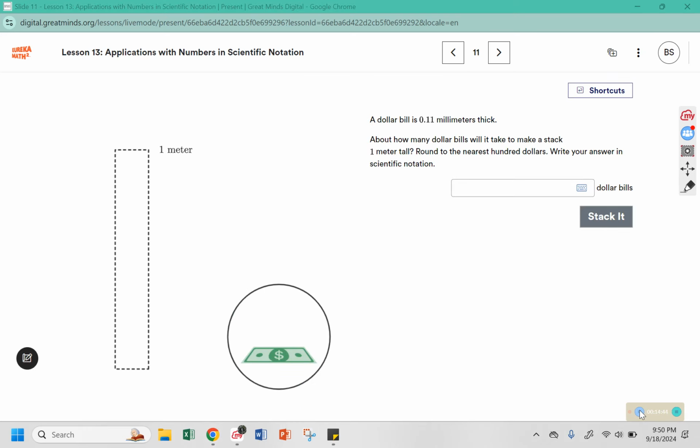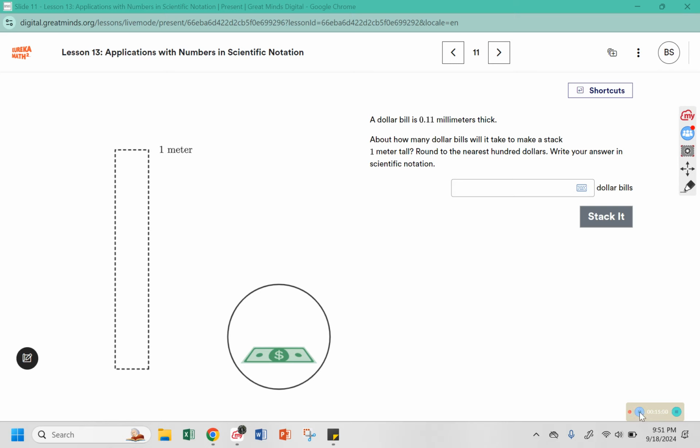In this slide, it tells us a dollar bill is 0.11 millimeters thick. About how many dollars will it take to make a stack 1 meter tall? Round your answer to the nearest $100. Write your answer in scientific notation.